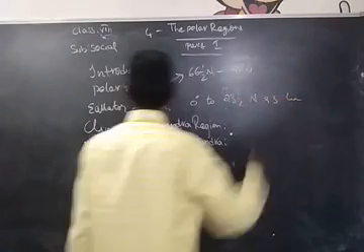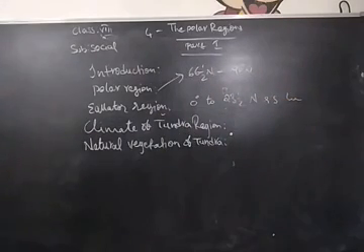The extension of this equatorial region lies between 0 degrees to 23.5 degrees north and south latitudes. The sun's rays fall straight on this region.